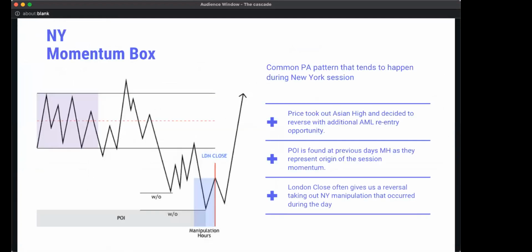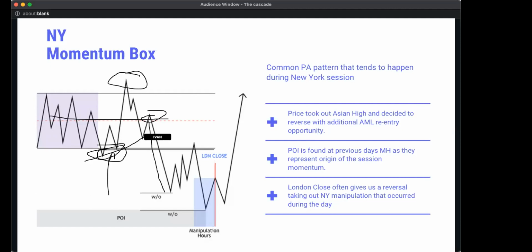All right, we have the New York momentum box. It's doing a similar job as London. If London didn't do its job, basically we have here London taking out high, London here taking out low, price bounced off Asia midline, price breaking the no longer valid demand levels, going higher, picking up some liquidity probably here.